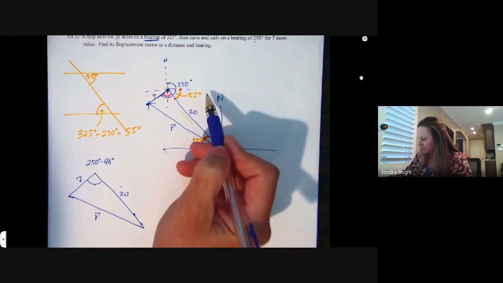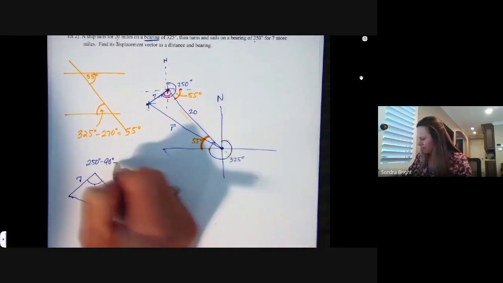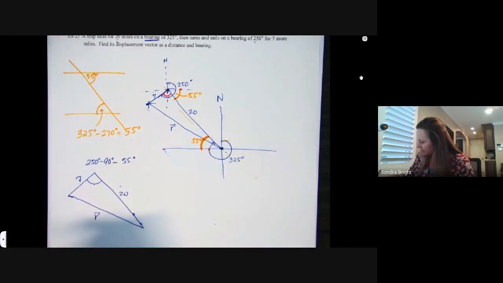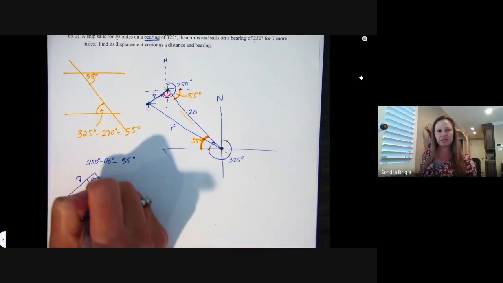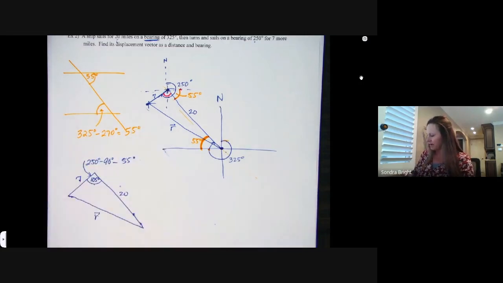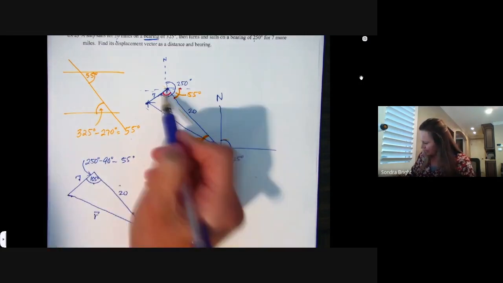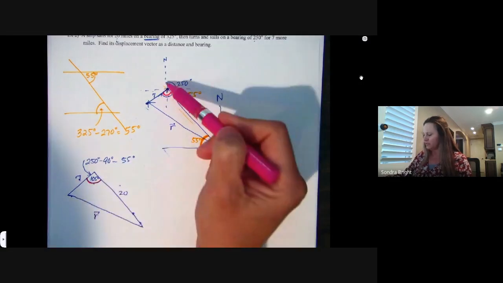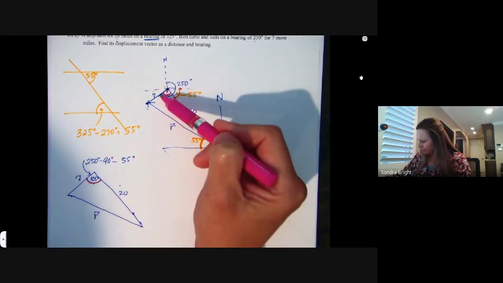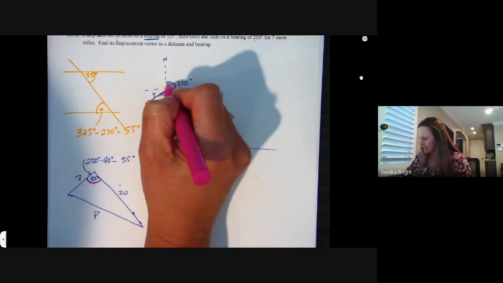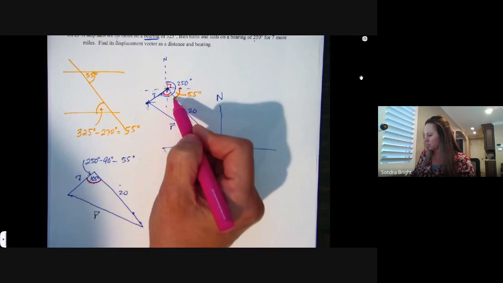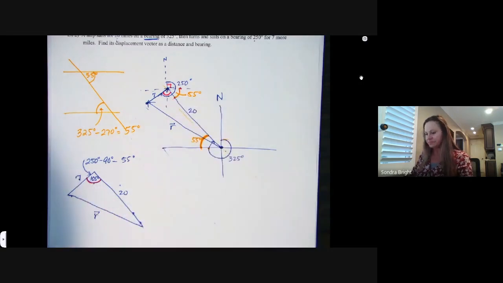And then minus the 55, which will leave you with 105 degrees. That's how I got that. So this little pink angle there is from all the way to the edge 250, but I know this guy is 90, so I subtracted the 90 and the 55, and that gave me 105 on the inside there.